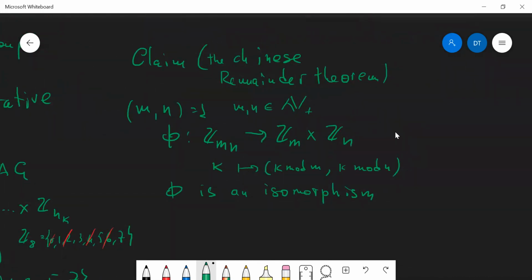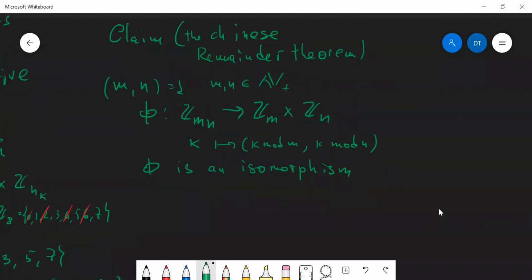So this is the Chinese remainder theorem. This group is isomorphic to this group via this map. Are there any questions regarding the claim of the result?